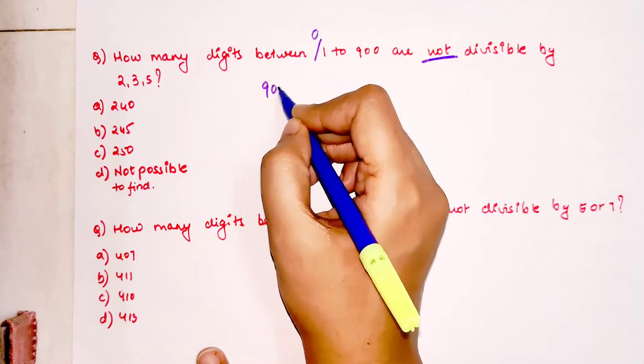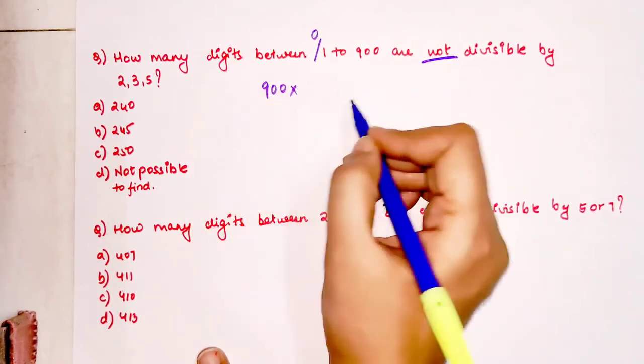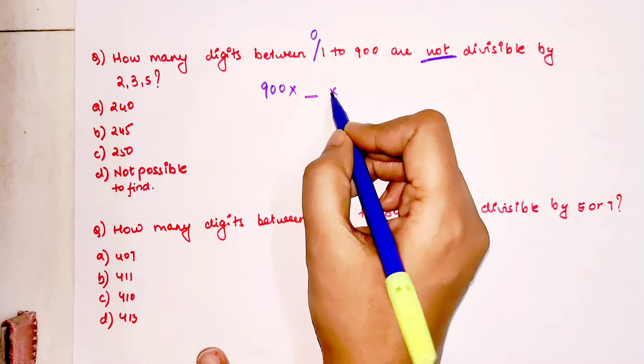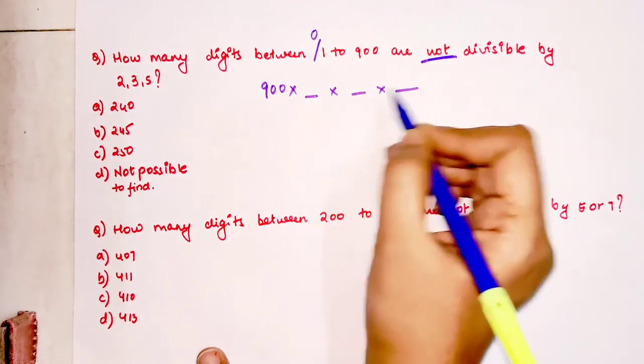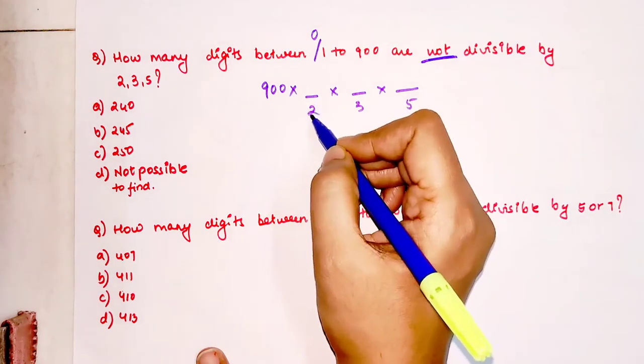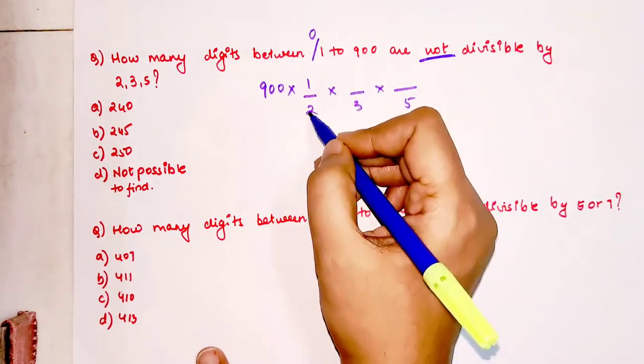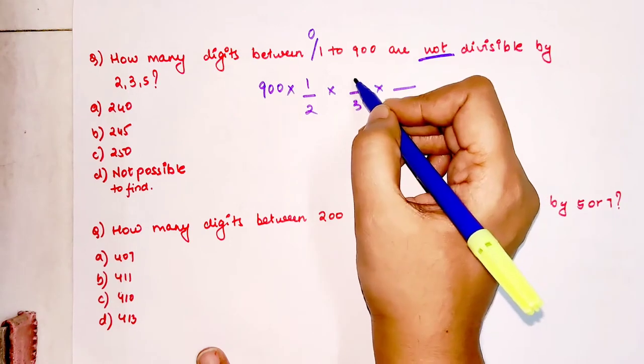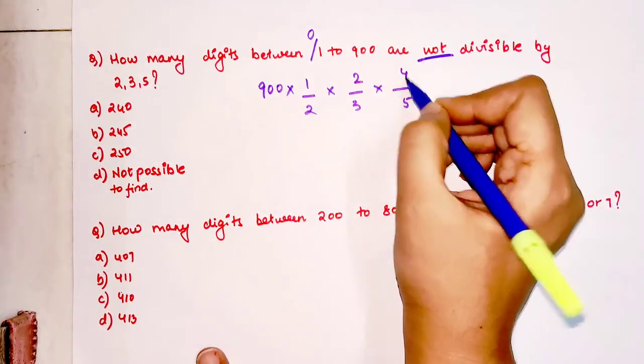So you get 900 into, now you will put all the three numbers into the denominator, and your numerator will be 1 less than the denominator.